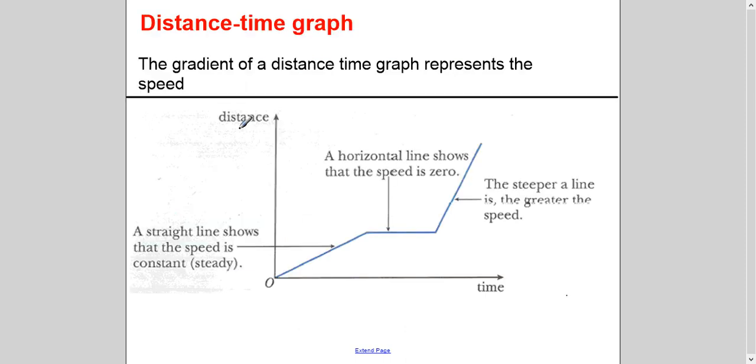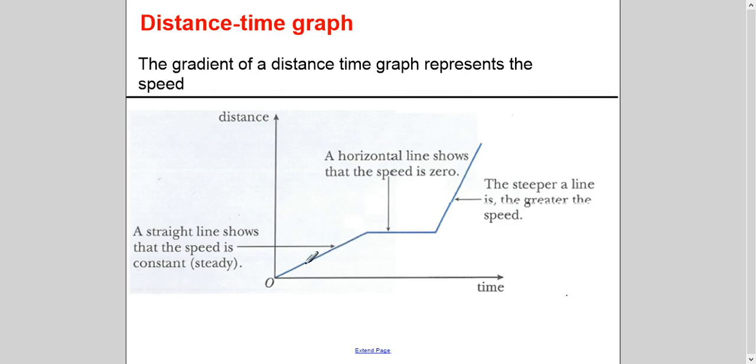So first of all, we need to understand the lines on the displacement-time graph or distance-time graph. If the line is straight, all these 3 lines are straight, but when I say straight here, I mean this slant line, which is in this direction, which has a positive gradient. You can recall coordinate geometry, right?